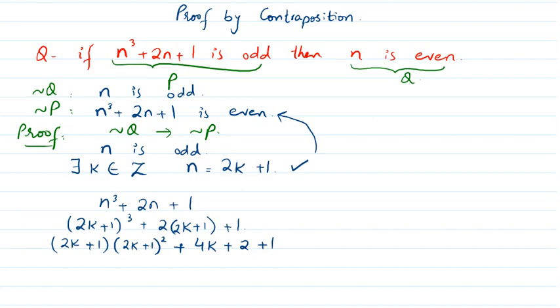So this is in fact going to be 2k plus 1 upon taking square. This is going to be 4k square plus 4k plus 1 plus 4k plus 3, adding last two terms, right?